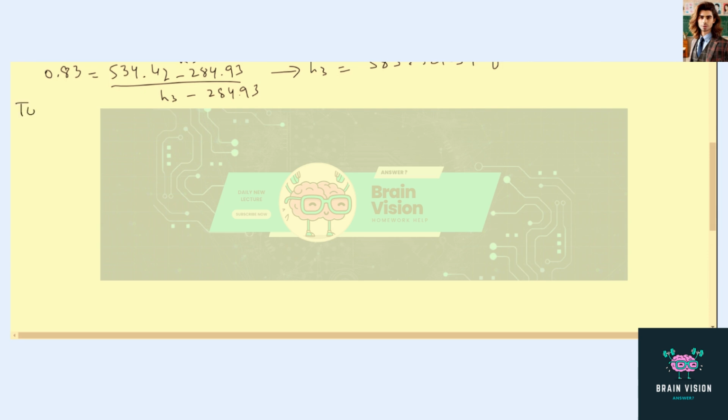Now for the turbine, process 3 to 4. Temperature T4 is given, that is 950 degrees centigrade, at which the value of H4 is equal to 1305.2 kilojoule per kg.